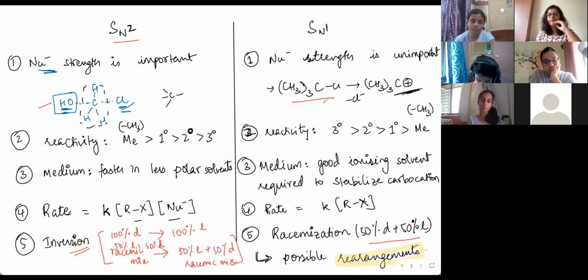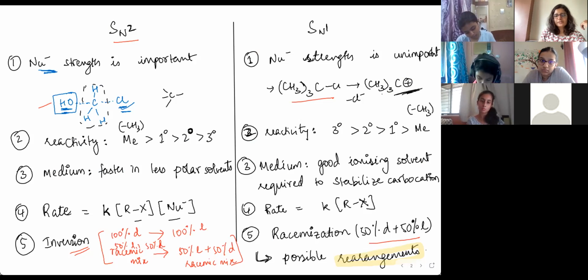So in the formation of the carbocation, if there is resonance involved, or if by just migrating the positive charge you can get a more stable carbocation, then that will happen, and there is a possibility of rearrangements. In the case of SN2, there is no rearrangement because it is direct. The nucleophile bonds wherever the leaving group is.